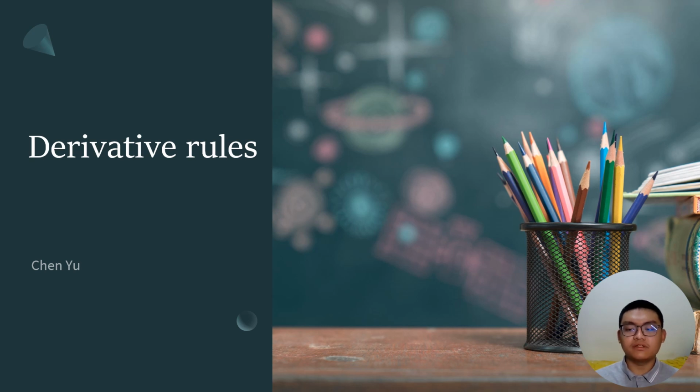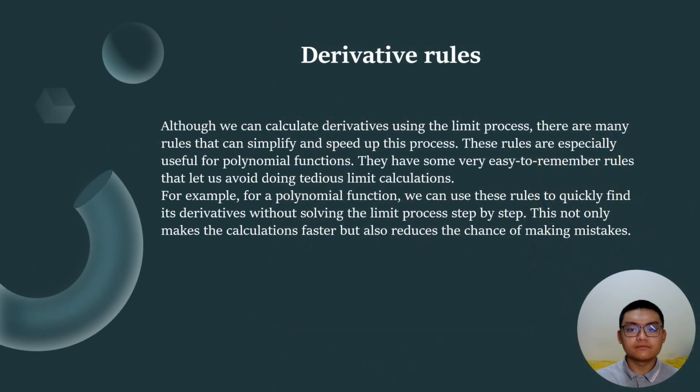Today I will teach the derivative rules. Although we can calculate a derivative using the limit process, there are many rules that can simplify and speed up this process. These rules are especially useful for polynomial functions. They have some very easy to remember rules that let us avoid doing tedious limit calculations.